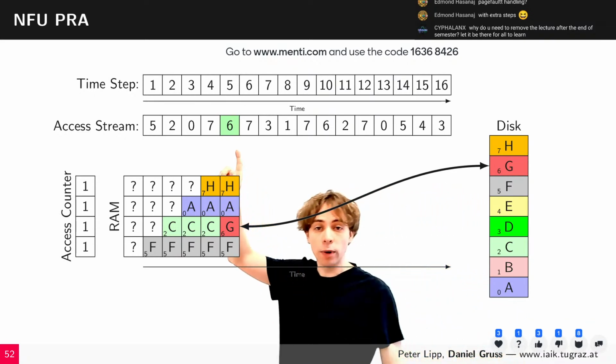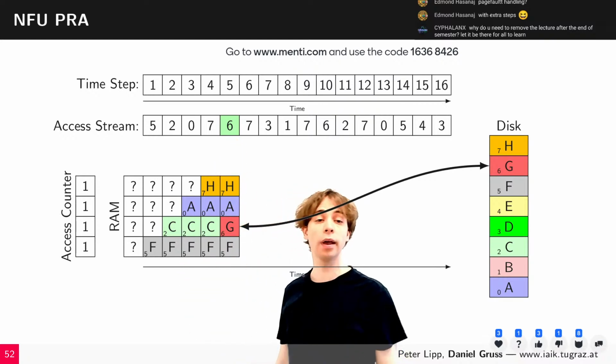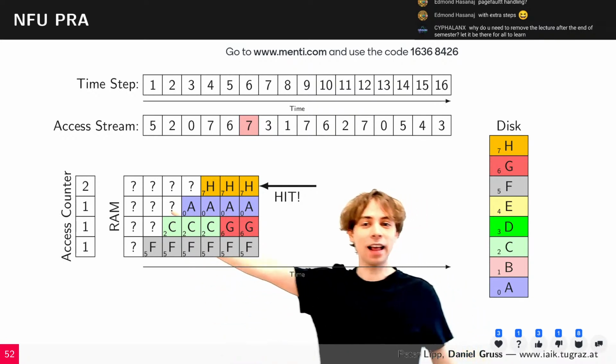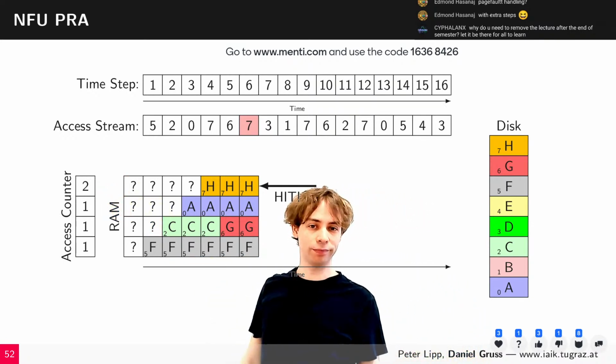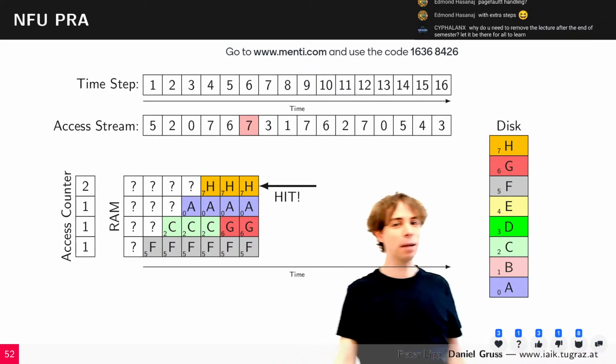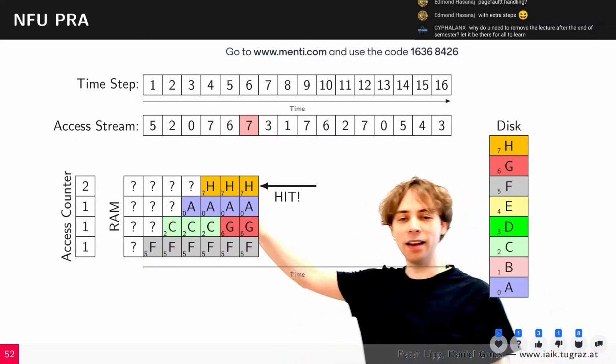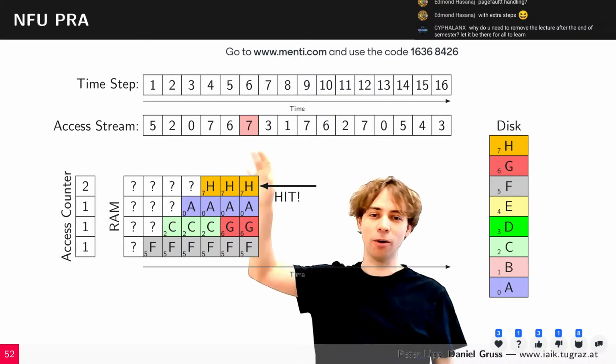And in the next step, we access page number 7. Okay, sounds good. Now this is at access counter number 2. Maybe you already see a problem of this algorithm. Let's access the next page before you all see the problem.